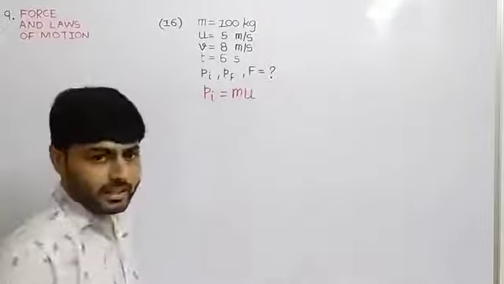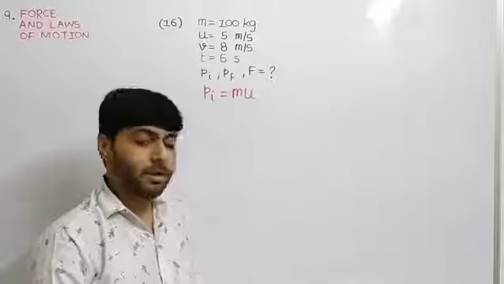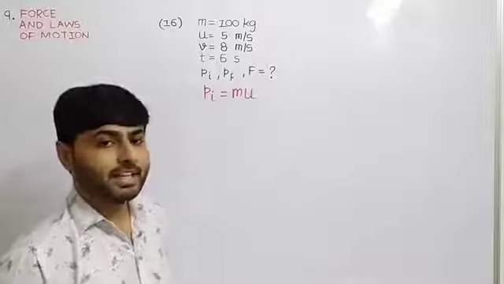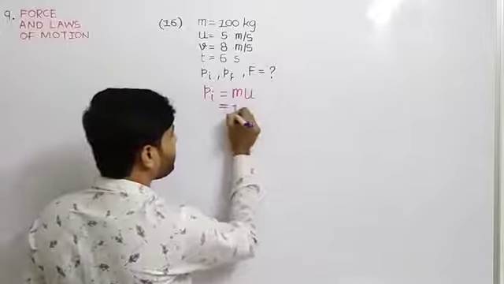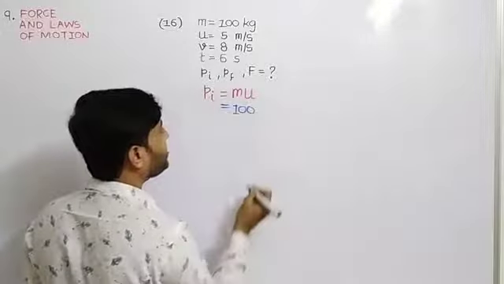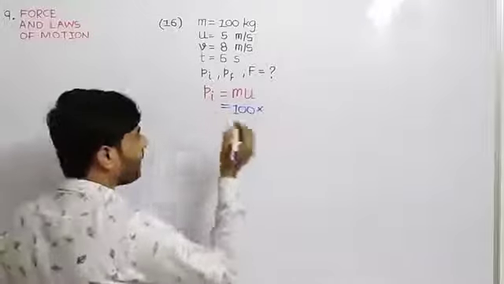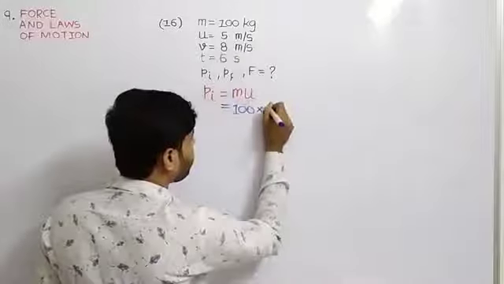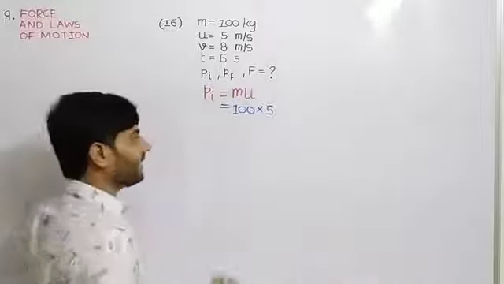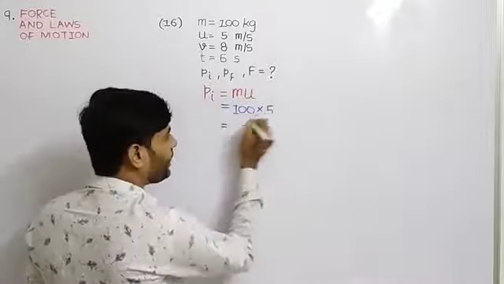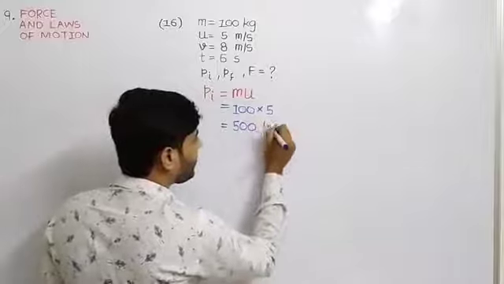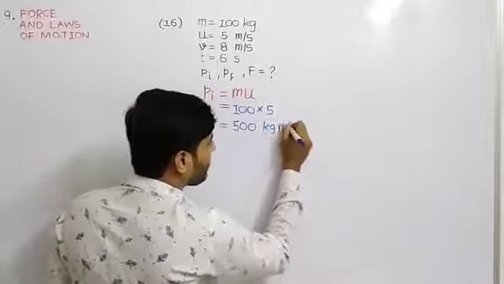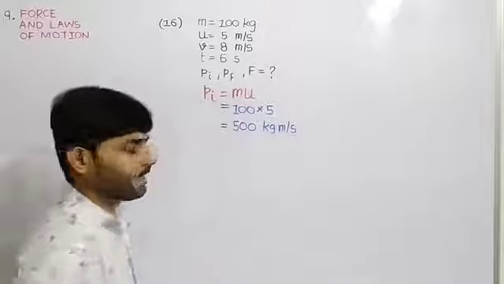So we have mass is equal to 100 kg multiply initial velocity is 5 meter per second. So we have 100 into 5, that is 500 kg meter per second.